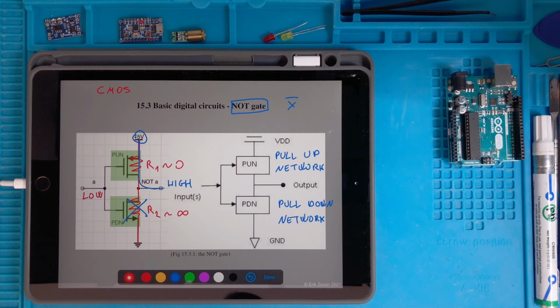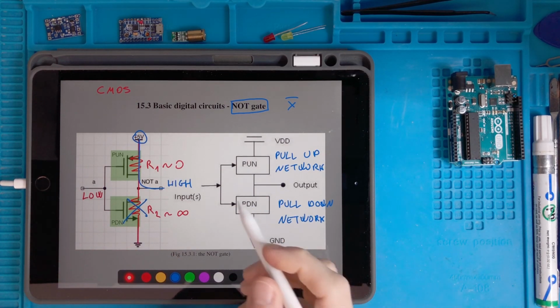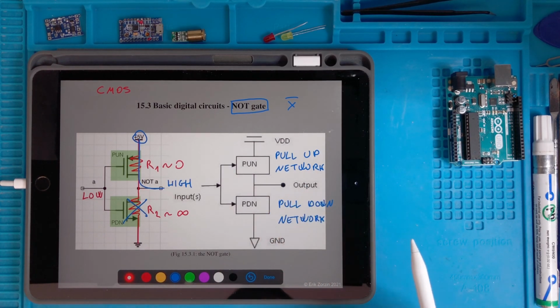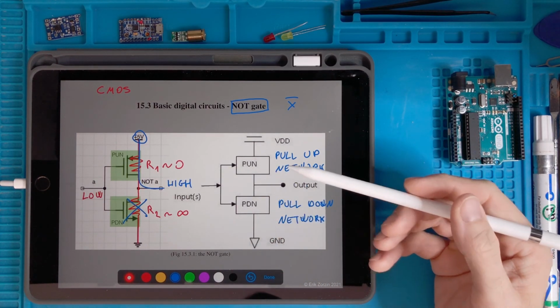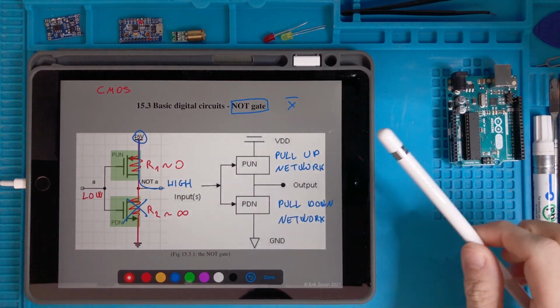It is possible to demonstrate that all these types of circuits can be represented by such two separate circuits. So the input splits to a pull-up network and to a pull-down network, and those networks are, we will see with some examples, complementary in a sense.